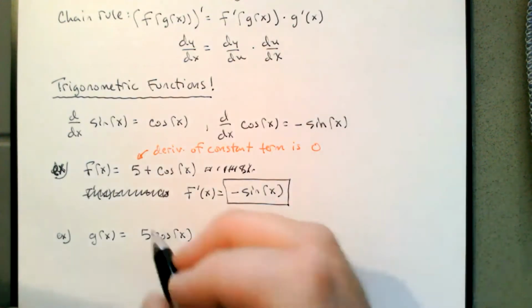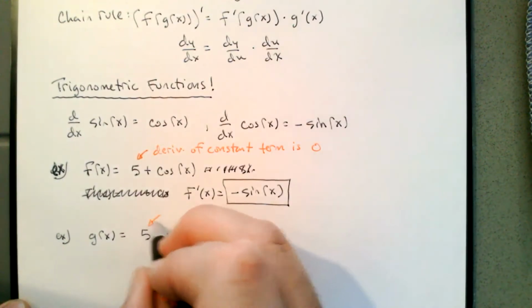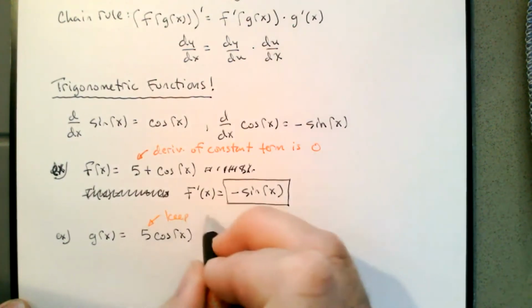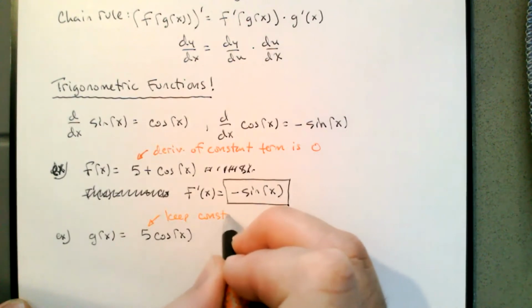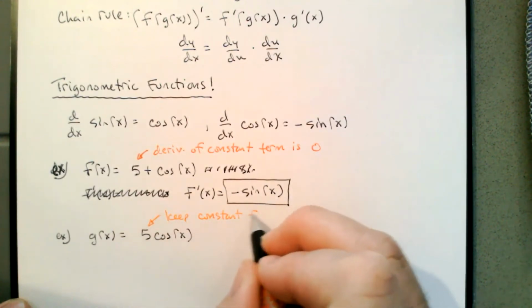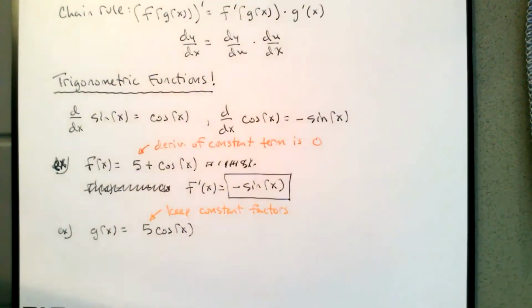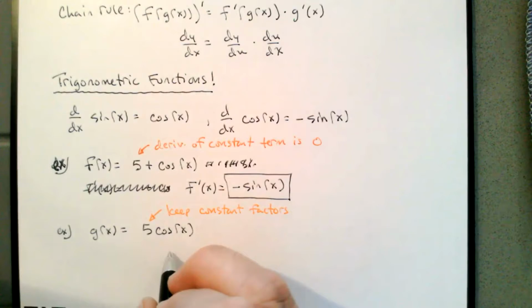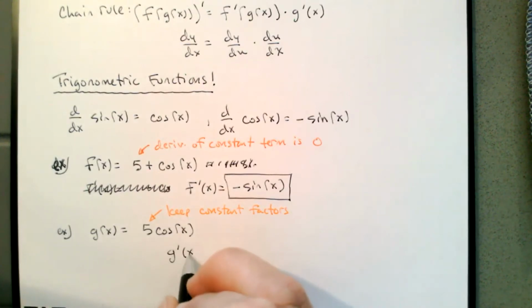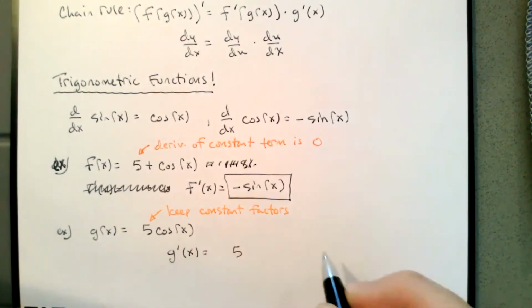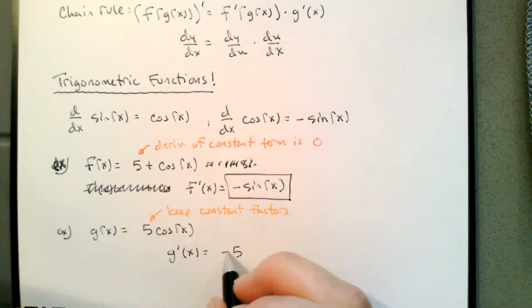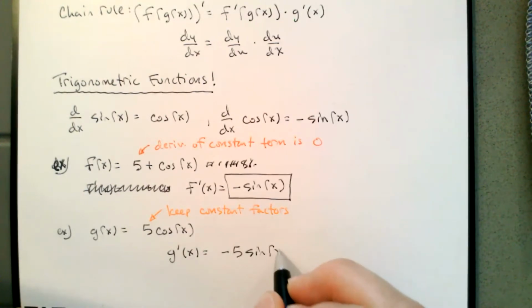So we can just say, keep the constant multiples. If we have a constant factor, that just gets carried along. So g prime of x is 5, and then the derivative of cosine x is negative sine x.